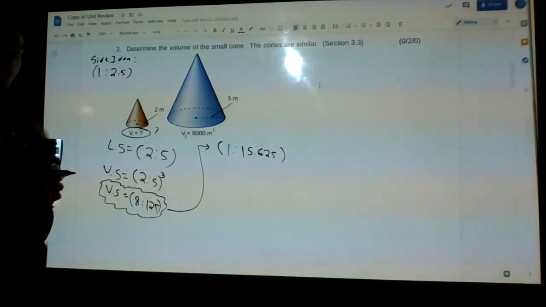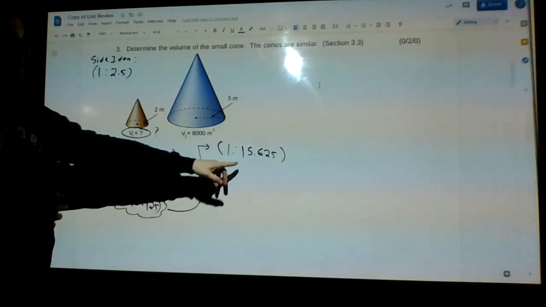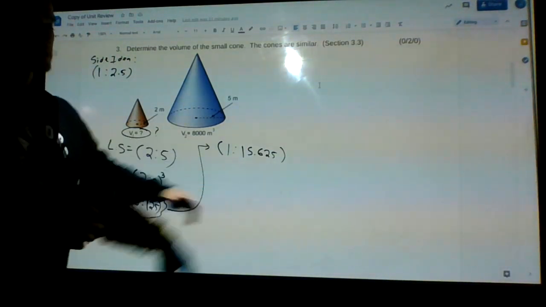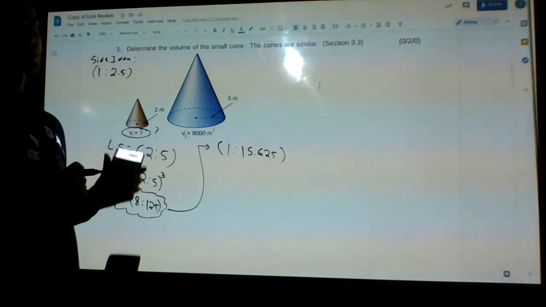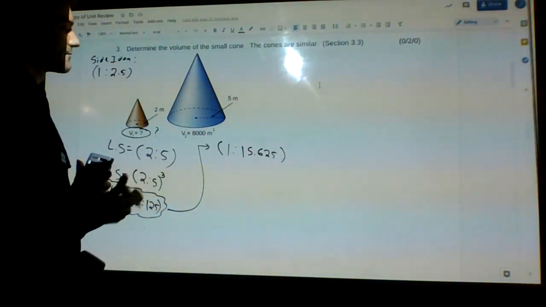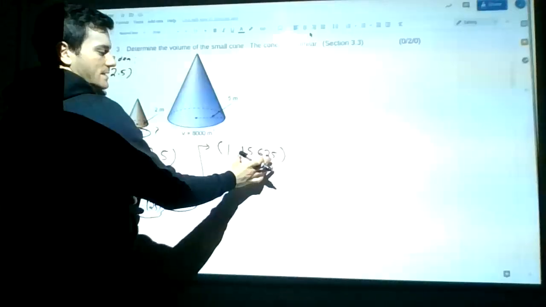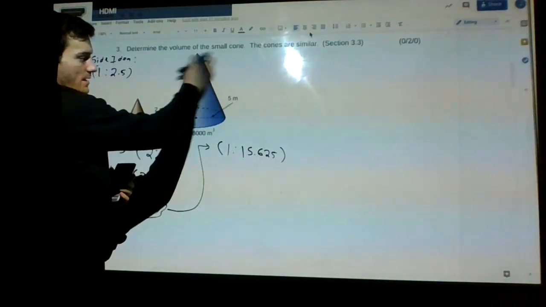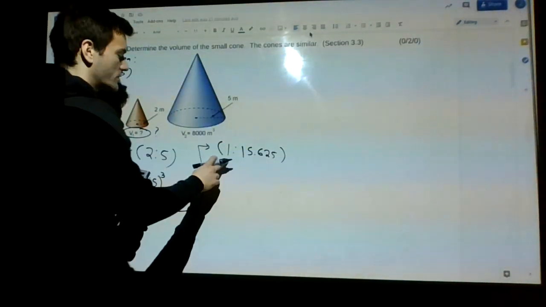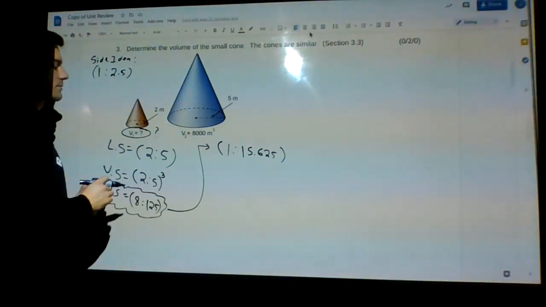If you want to use this kind of method, you need to keep all the decimal places. If this went on for 100 decimal places, you'd have to keep all of them in your calculator so that your final answer is really accurate. Now that I know this, every 15.625 cubic meters in this big cone gives me just 1 cubic meter over on this side.